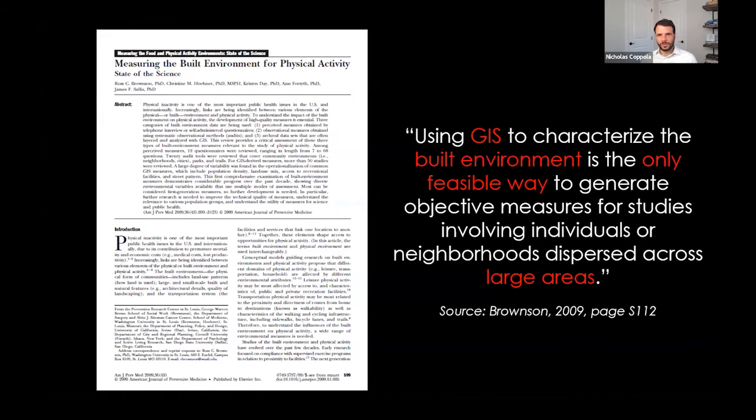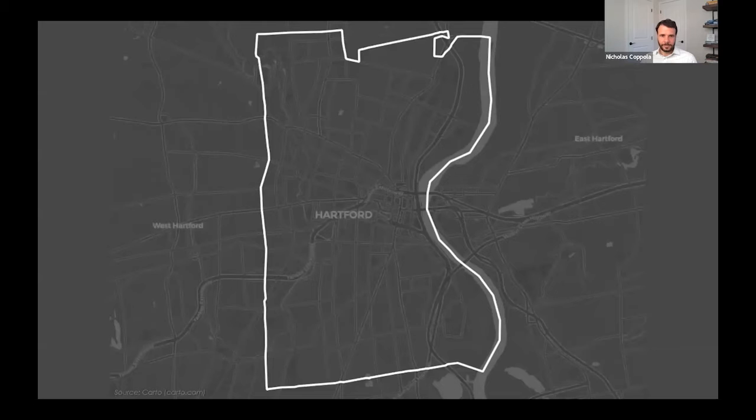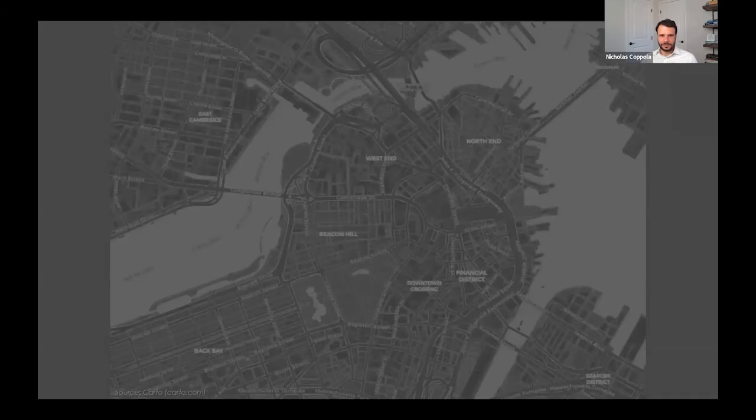So we wanted to use the geospatial data to have a better understanding of sidewalks at the city scale. The reason for this is also because prior research tends to show that they are only looking at small sections of cities. So we're seeing neighborhoods, maybe a couple streets, a couple blocks, but not the city in its entirety.